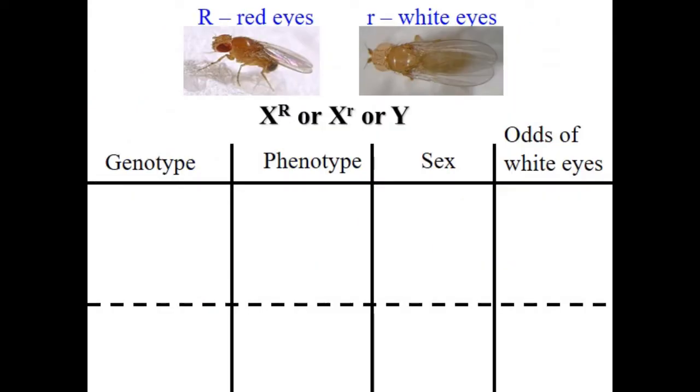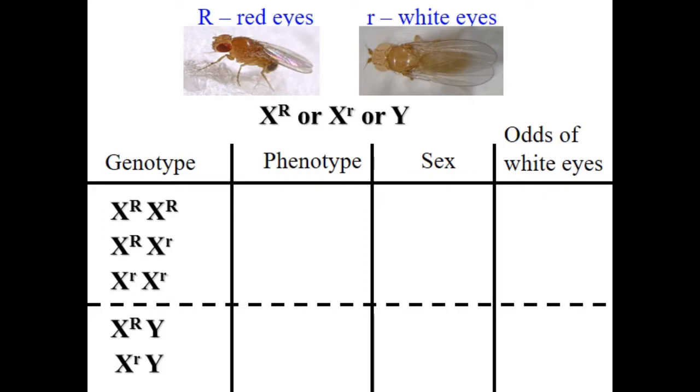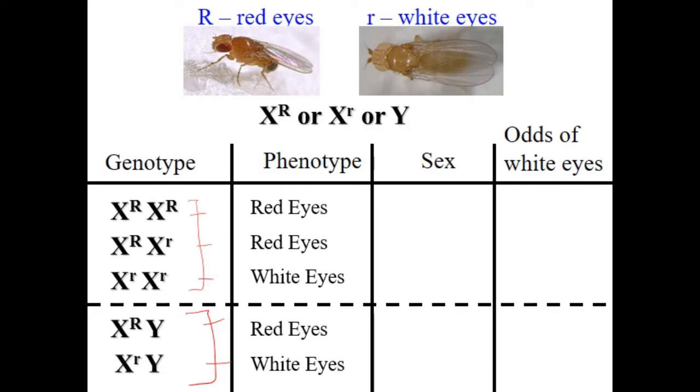And if you break this down, what you'll note is you have a different set of possibilities for each sex. So for instance, for the females, these are all the females here on the top before the dotted line. You could be homozygous dominant, heterozygous, or homozygous recessive. For the males, you could be either dominant or recessive. There's no heterozygous in this case.